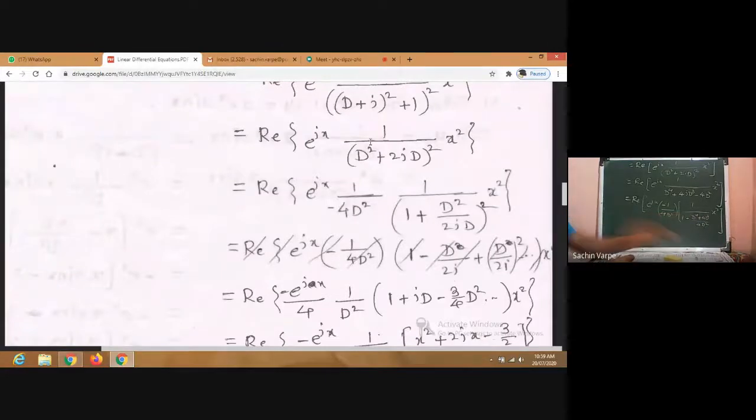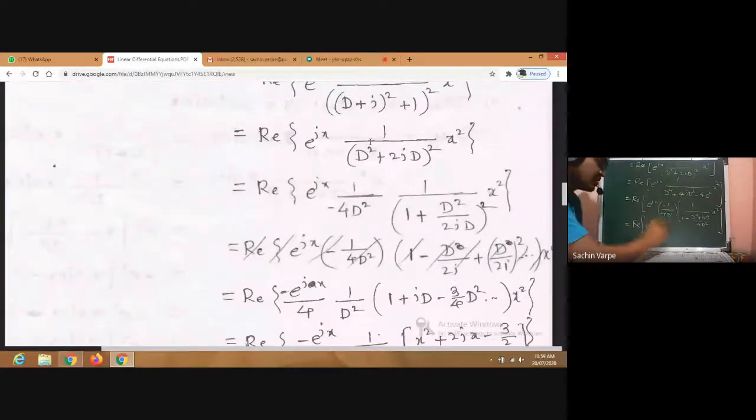So the simplified form is real part of e raised to, see, this is not again a difficult case. Only the matter of calculations. So please don't get confused and don't be afraid of these calculations.